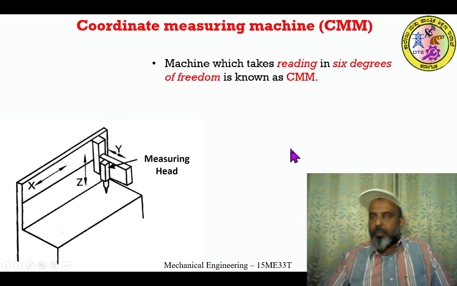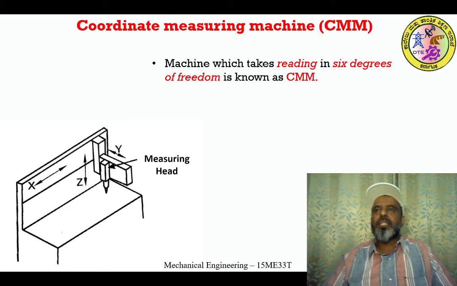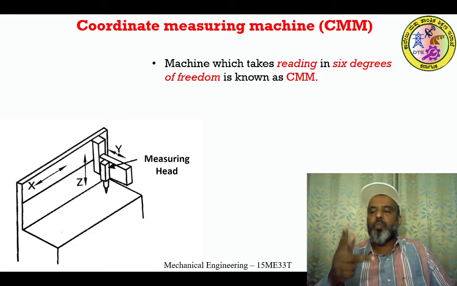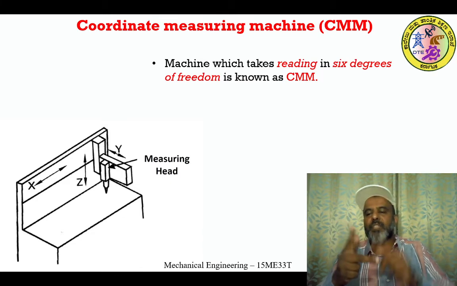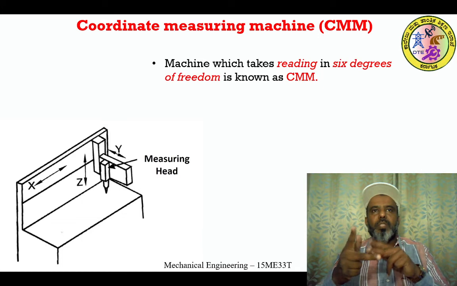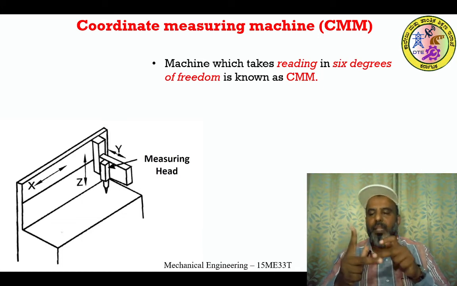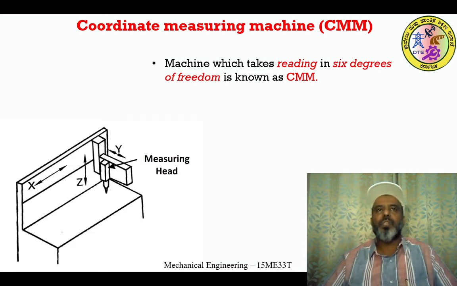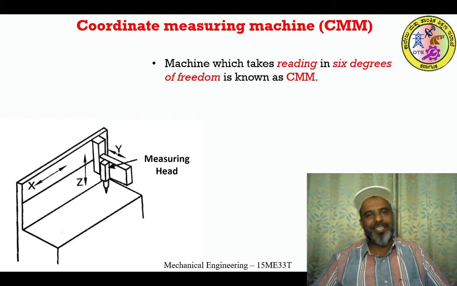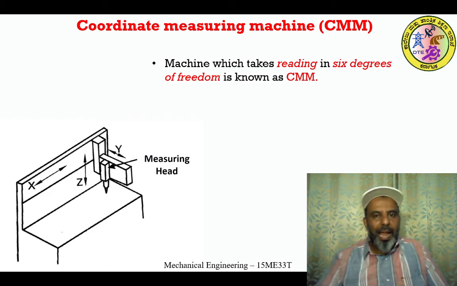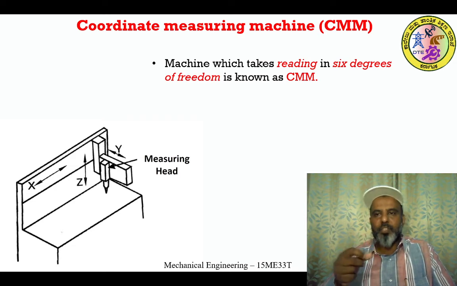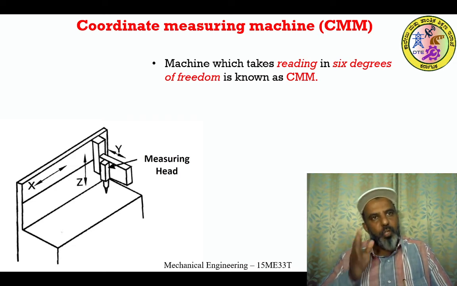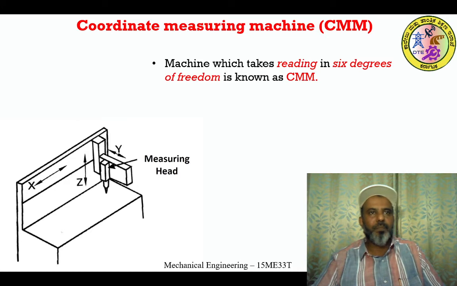Now you have to remember, this CMM has 3 mutually perpendicular axes, X, Y, Z, and on these 3 axes, 3 linear transducers are mounted, one on each axis, and these linear transducers give the digital display. These linear transducers also sense both the positive as well as the negative directions.